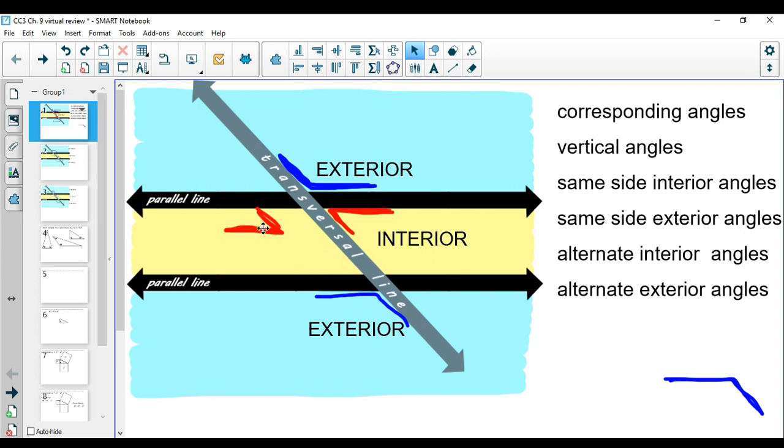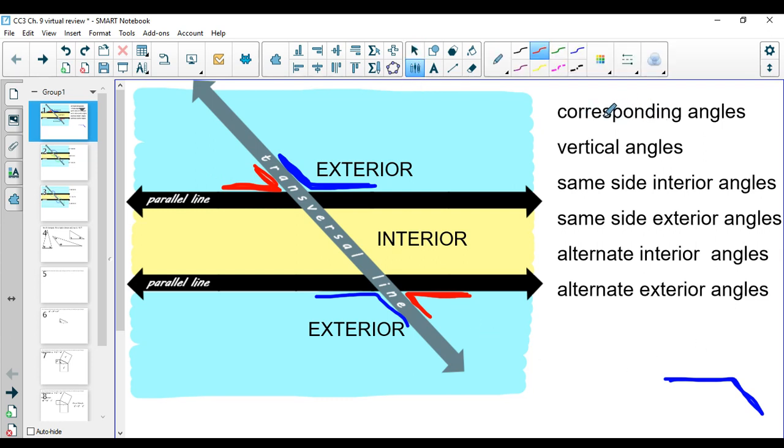Same thing with this angle. If I choose an exterior angle on the left, then I'm going to choose the right side angle for the alternate exterior angle. So we're going to put over here, corresponding angles are always equal to each other.